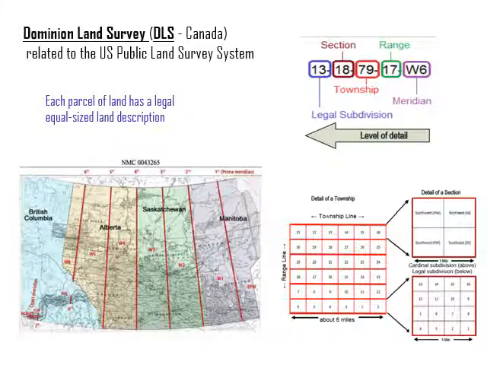The Dominion Land Survey system in Canada started in 1871, and the purpose was to survey the whole of then Western Canada: Manitoba, Saskatchewan, Alberta, and BC. They did that in increasing detail in terms of blocks that are always given relative to a prime meridian, or a meridian that is determined as the starting line.